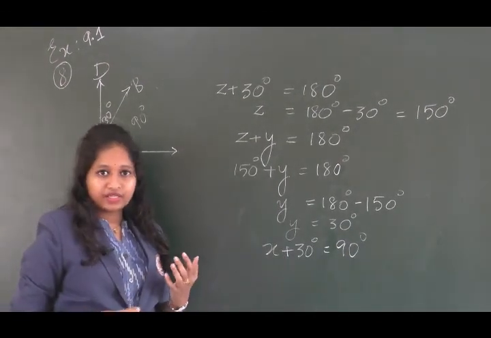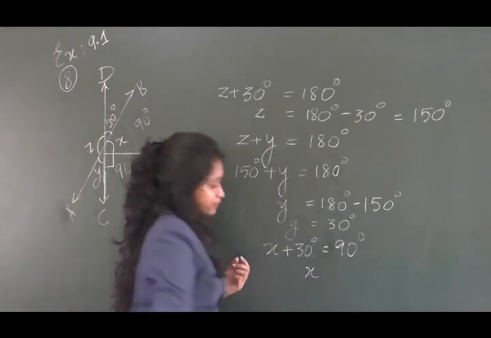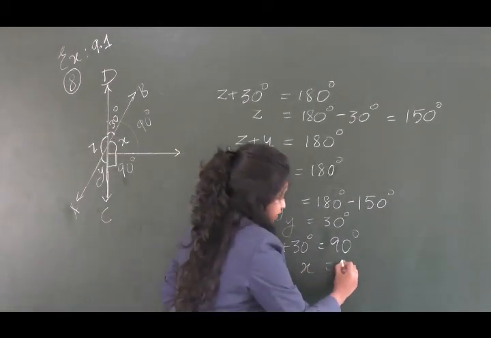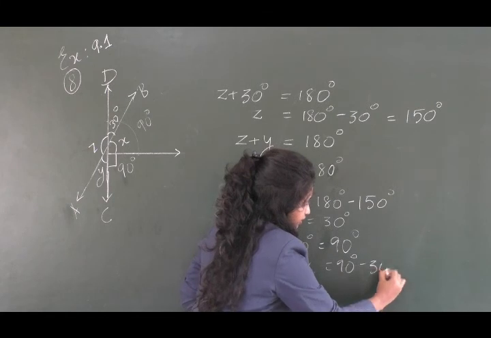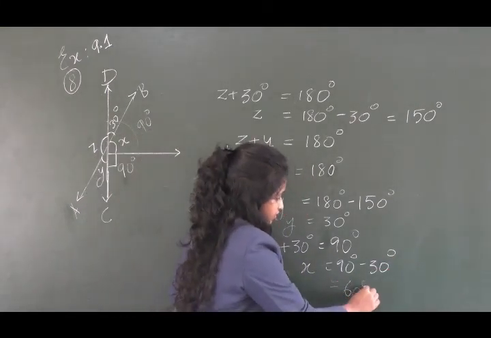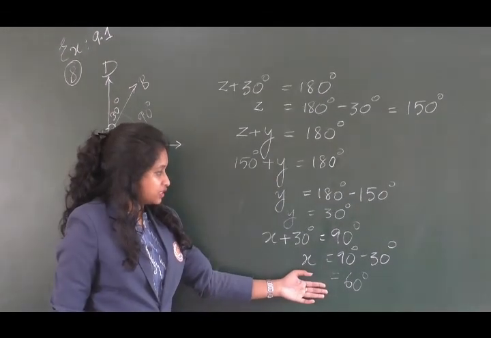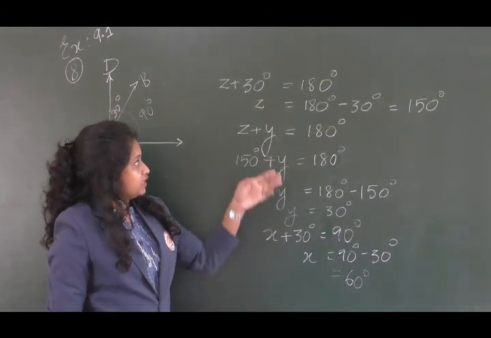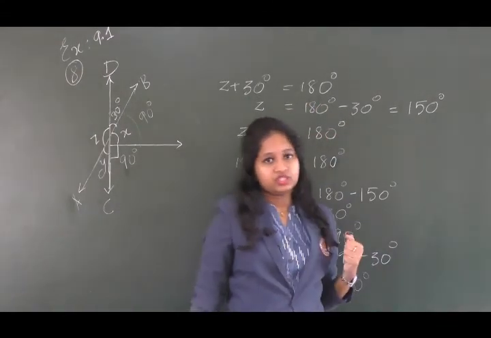Now it's easy to find x. What is x? x is 90 degree minus 30 degree, which is equal to 60 degree. So x is 60 degree, y is 30 degree and z is 150 degree.